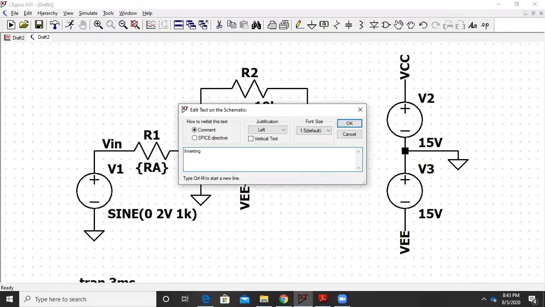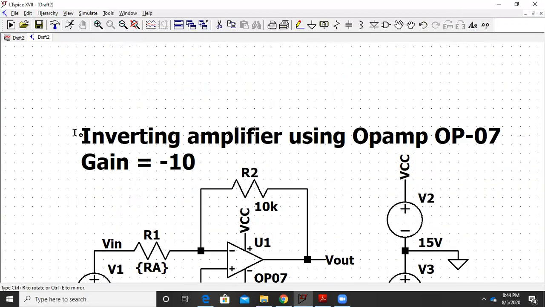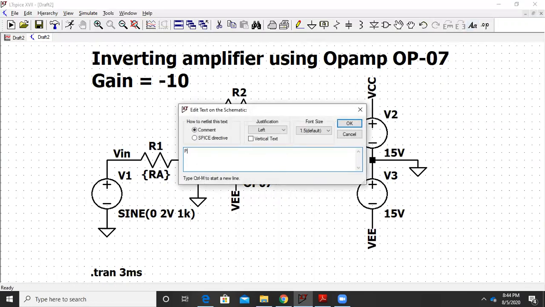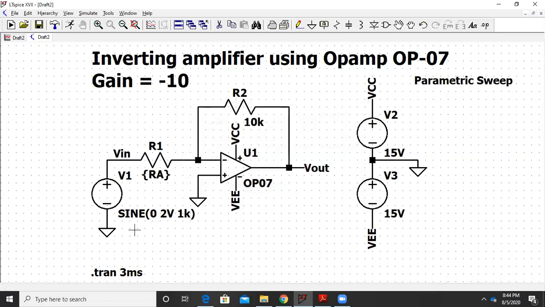This is an inverting amplifier using op-amp OP07, and the gain which we have designed is -10. Earlier I should have written it, but we can write it now. And whatever we are doing right now is a parametric sweep.